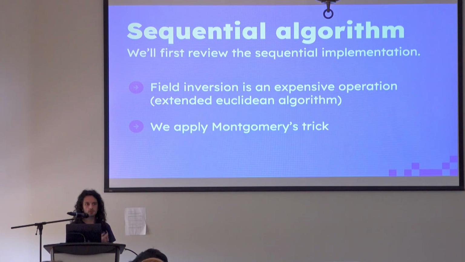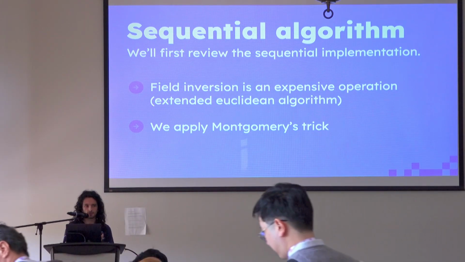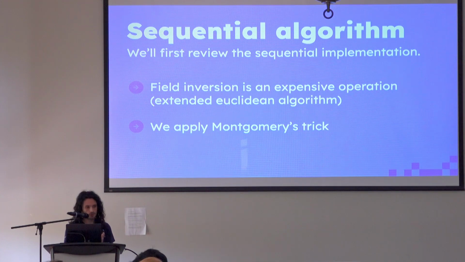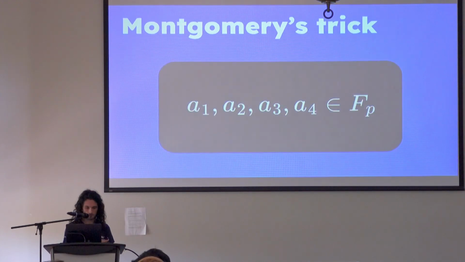Now, for the sequential algorithm, the one implemented in regular Stu using CPU, since field inversion is a very complicated and computationally heavy operation, they applied something called Montgomery's trick. Montgomery's trick allows us to circumvent this expensive operation that is the field inversion, usually done with the extended Euclidean algorithm.